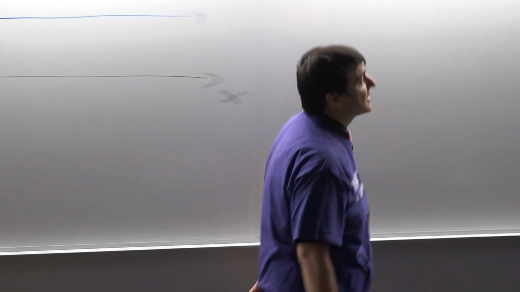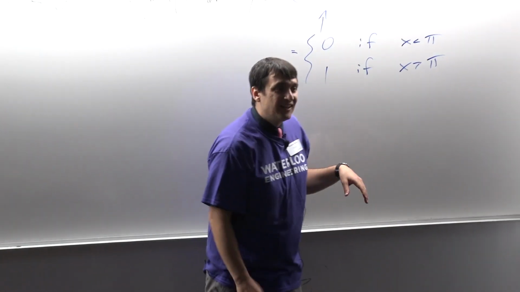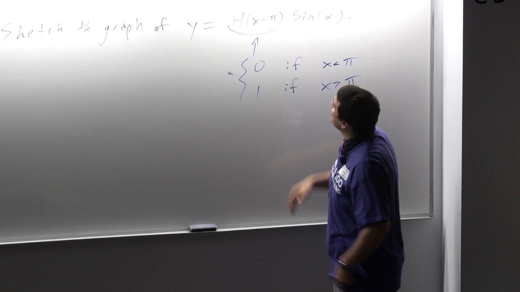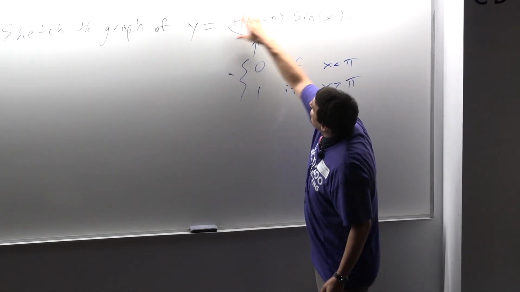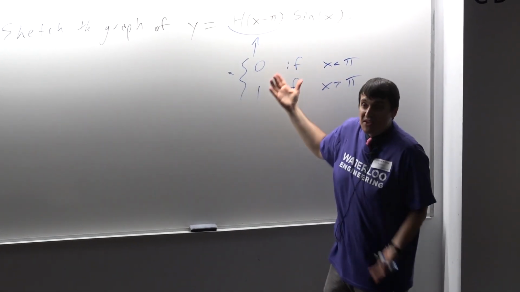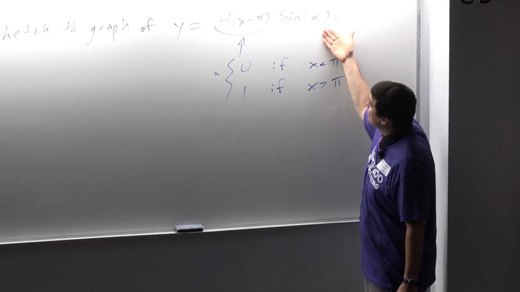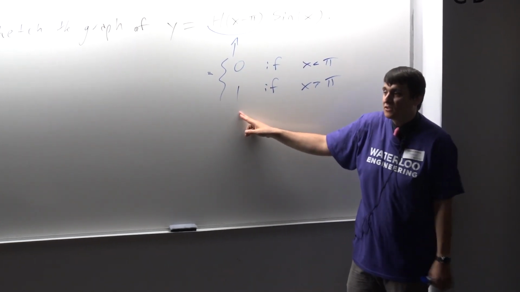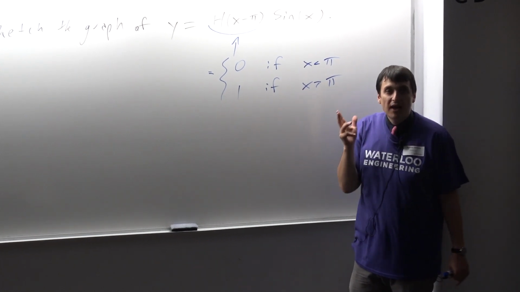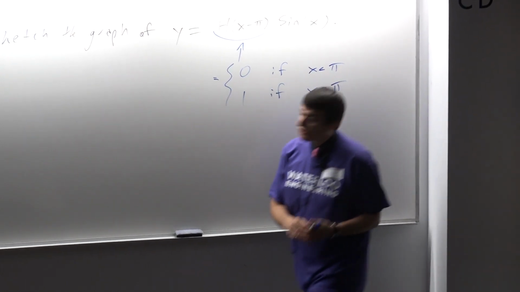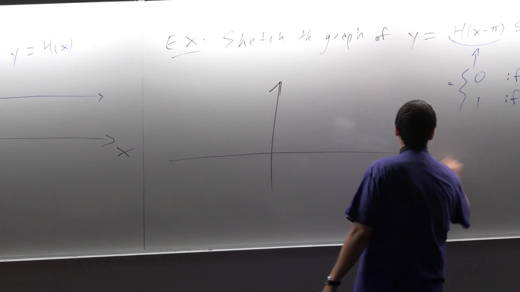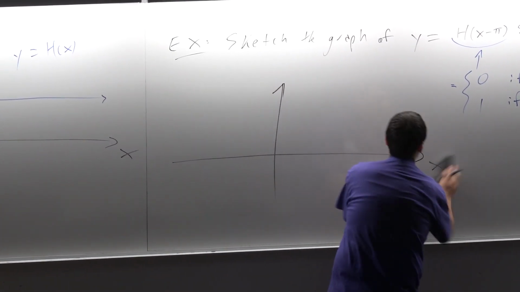Well, you can multiply a sine function by another function, and you can sort of think about it, structurally speaking, as a sine wave that has an amplitude of this. You can think of it that way. So this is a sine function that has an amplitude of 0 when x is less than pi, and an amplitude of 1 when x is greater than pi. And when you think about it that way, the graph becomes really easy to draw. I've got a sine function. I'll just draw this a little bit bigger.